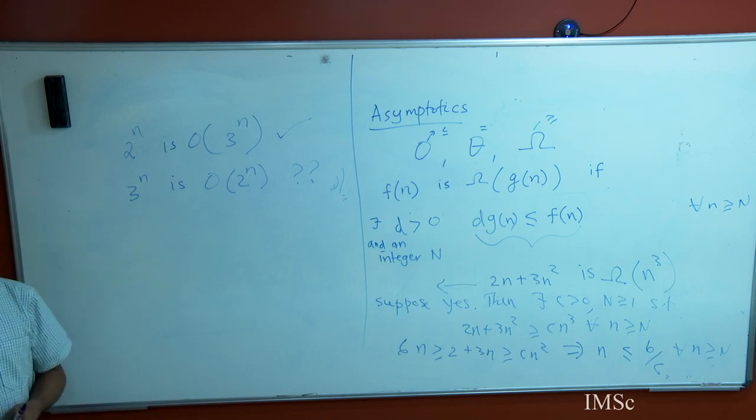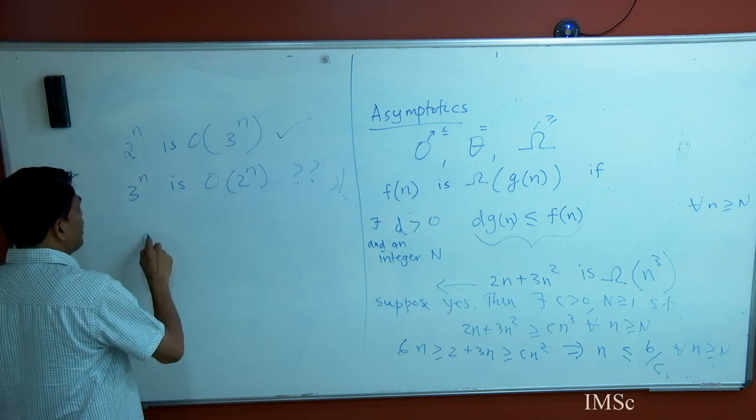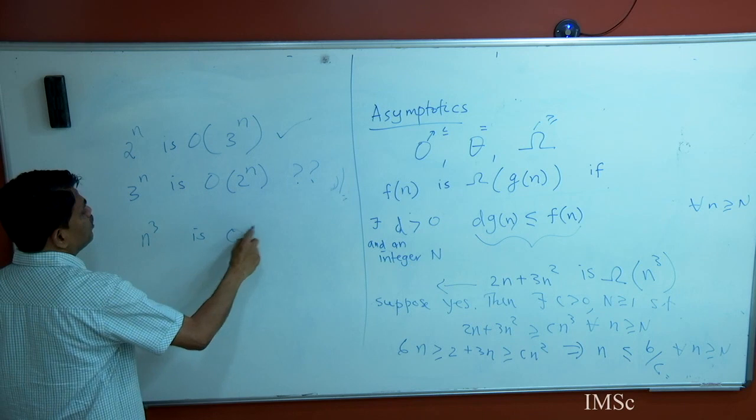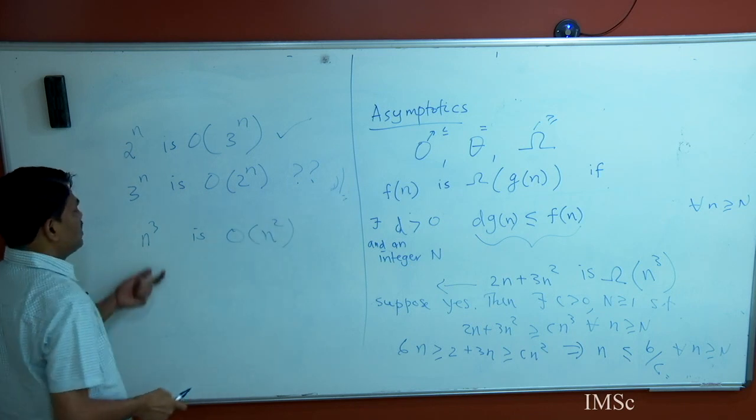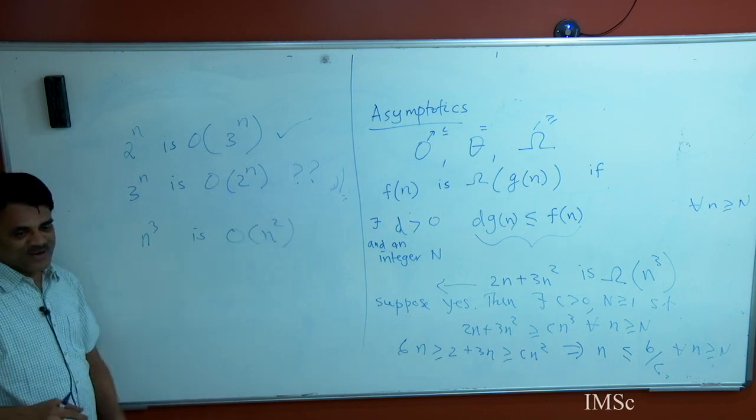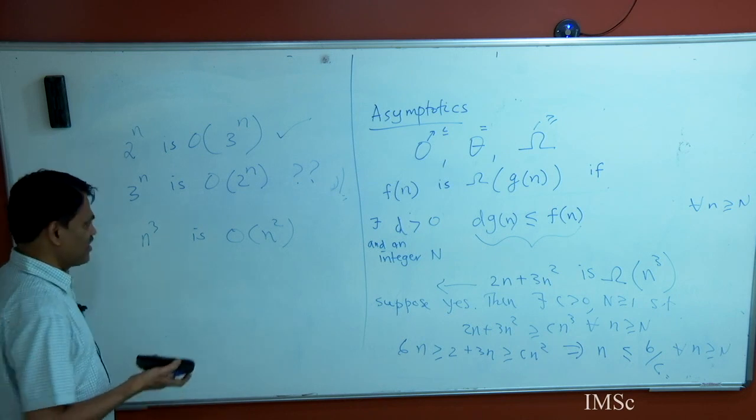But on the log, yes, but sorry? Yeah, exactly. So what he's saying is, in that case, even n cubed is big O of n square, because take log, it will be 3 log n, that will be 2 log n. We know that's not true, right?